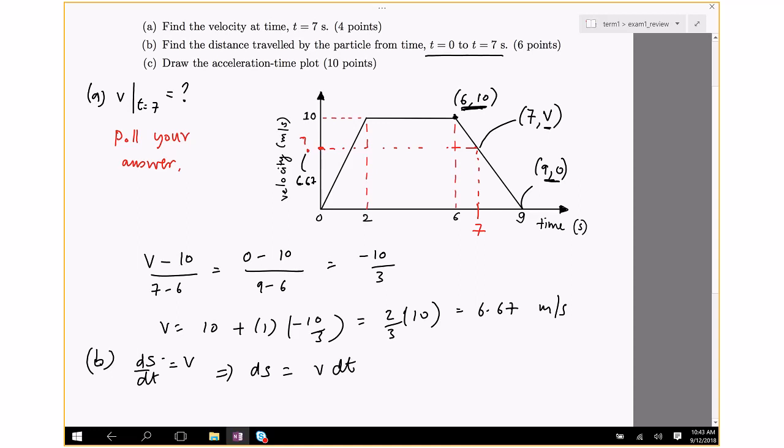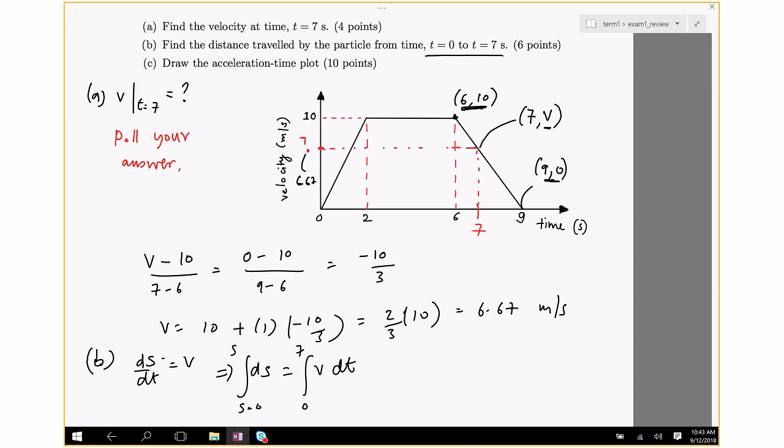So if you were to find the distance covered from 0 all the way to 7, then I need to integrate v dt from 0 all the way to 7, right? Because time goes from 0 to 7.